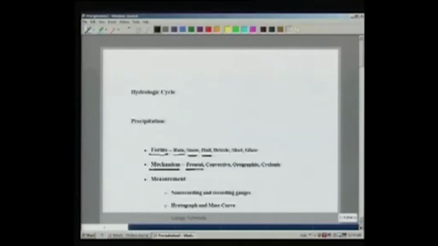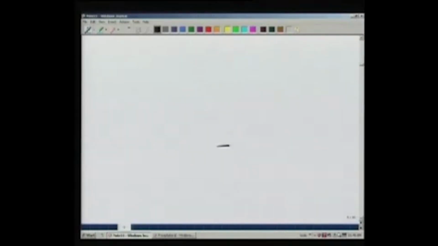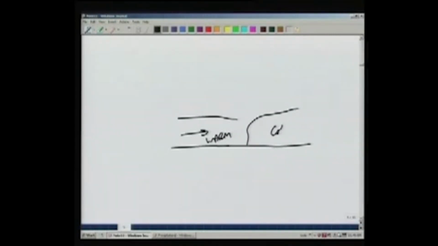For example, the frontal mechanism, where a front, which is a surface of contact between two different air masses of different temperature, when a warm front or warm air, for example, if this is the ground surface and there is warm air blowing from this side and it encounters a cold front here, then this warm air tends to rise above the cold air because of its smaller density, and therefore as it goes up, due to adiabatic rate of cooling, this water vapor will condense and will fall down as rain.